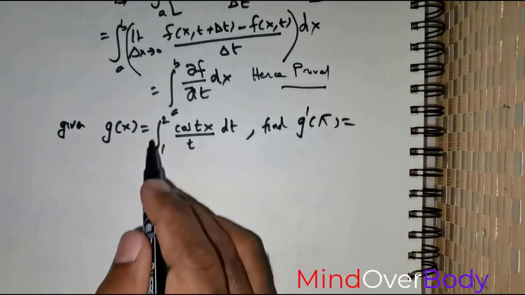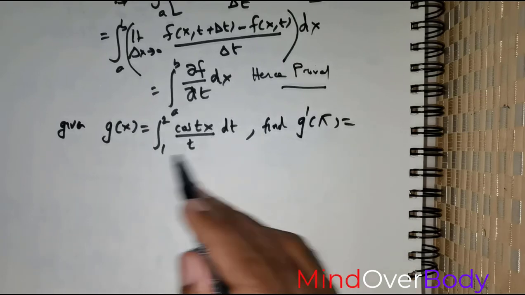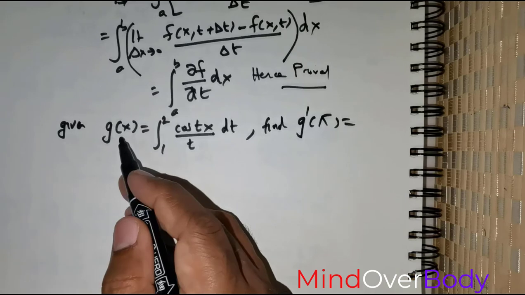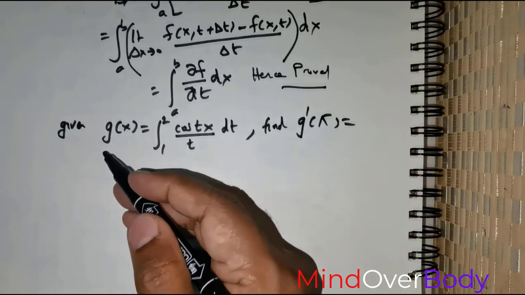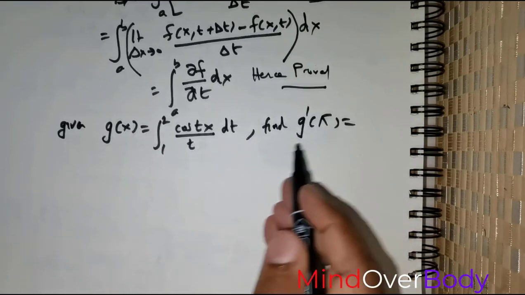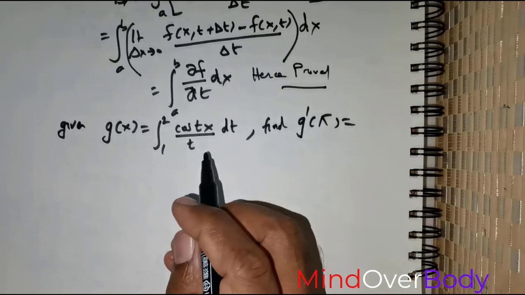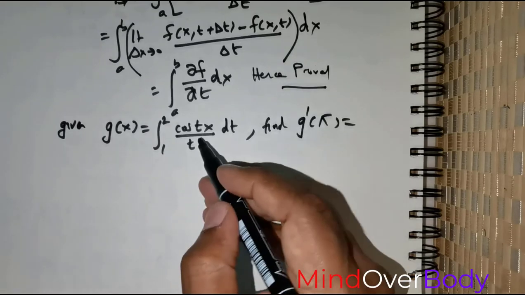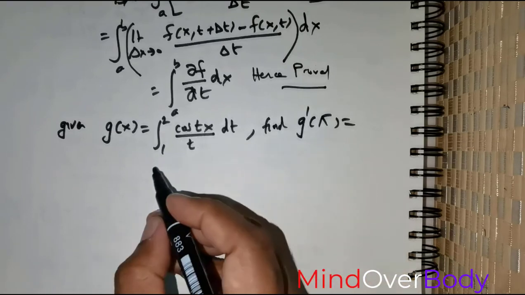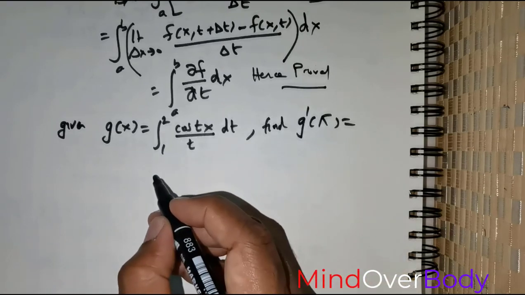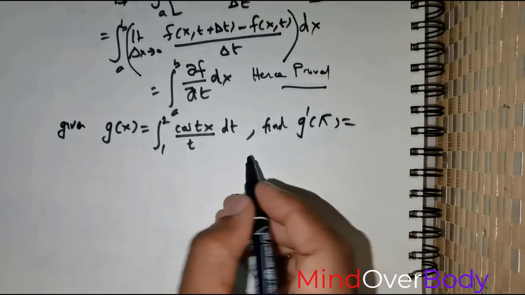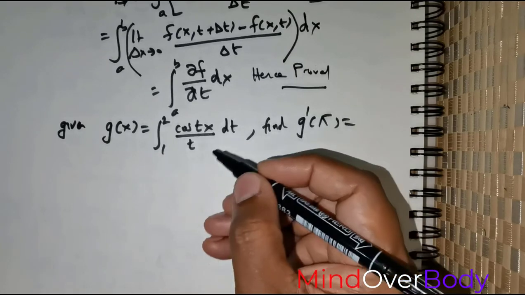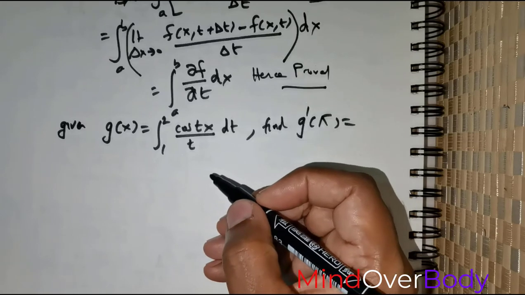Now you might be thinking of integrating it, differentiating the function, and then substituting x equal to pi. That is not going to be an easy task because we have two variables x and t. So we need to apply Leibniz rule, rule number 1, because there is also rule number 2 which we would be studying in a later lecture.